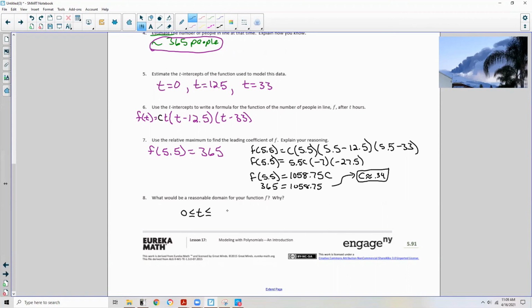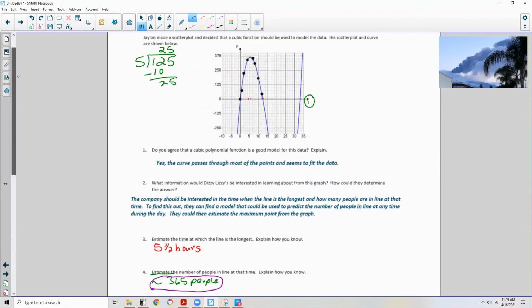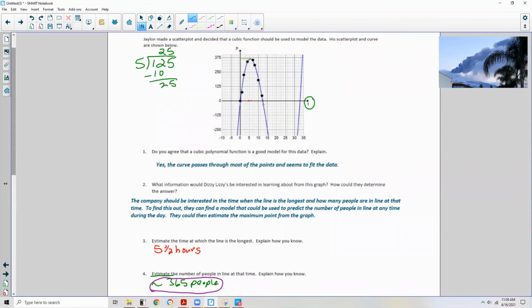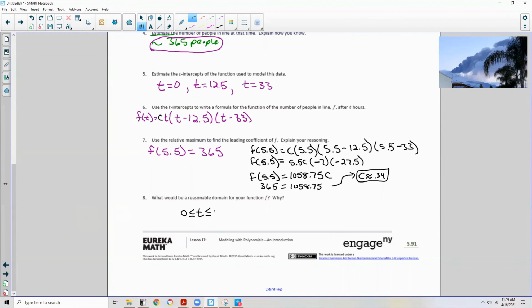And depending on how long the amusement park is open, it appears to be about 12.5 hours. So my domain would be the set of all values of time between 0 and 12.5 hours.